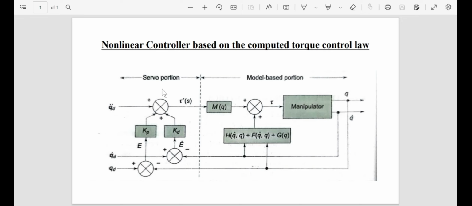As usual, we have three inputs to the servo portion: the desired position, desired velocity, and desired acceleration. The servo errors for position are fed with the position gains, and the servo errors for velocity are fed with the velocity gains, which add to the output of the servo portion, which is again provided to the model based portion.